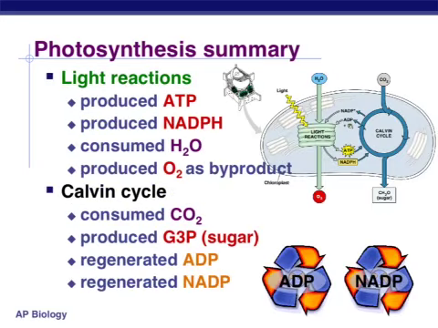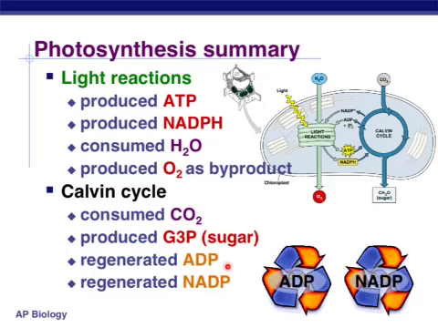So let's summarize. We know we have our light-dependent reactions. They produce ATP, they produce NADPH, they consume water to do this, and free oxygen is produced as a byproduct. Then we have the Calvin cycle, also known as the light-independent reactions. It consumes carbon dioxide, it produces G3P, which is our precursor for glucose, it regenerates ADP.